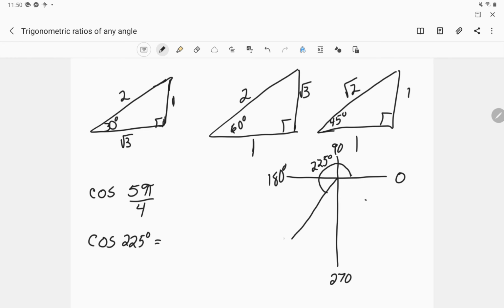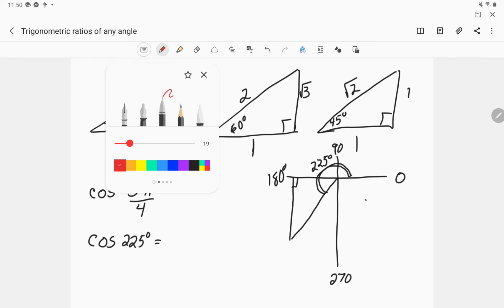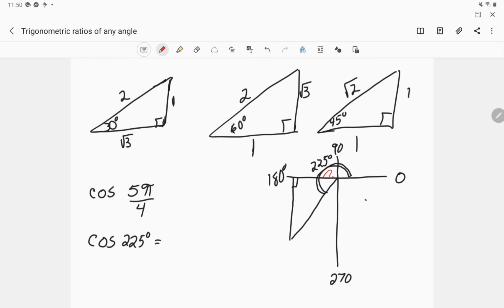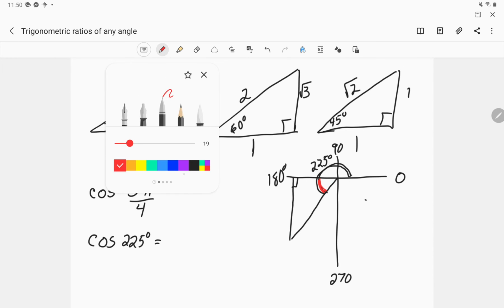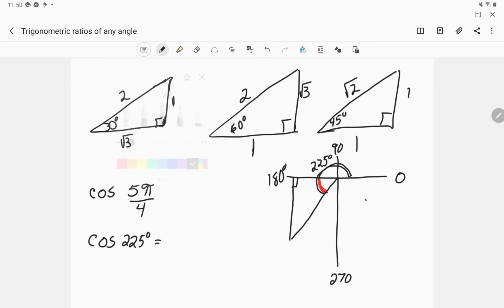It's in this quadrant right here, and we always make our triangle to the x-axis. So I know from here all the way to here is 225, but I want just the reference angle. I want just here. So how do I figure that out? Well, I know from 0 to this axis right here, that's 180 degrees. I know that all the way to the terminal arm is 225.